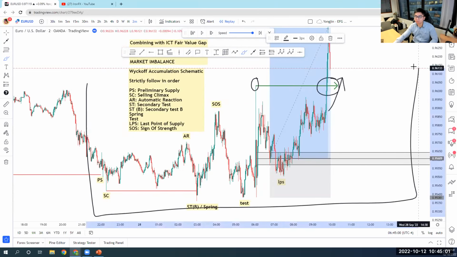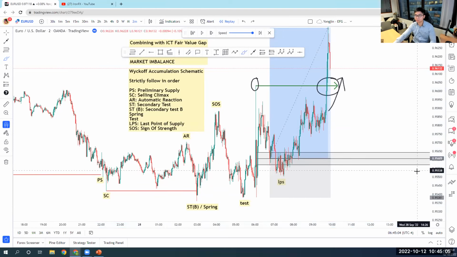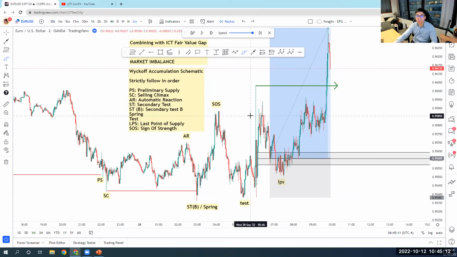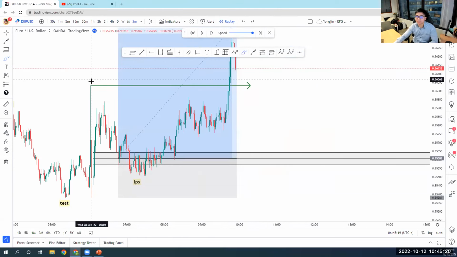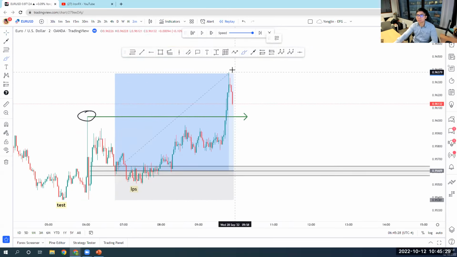So this area might just continue going down. I will not be explaining redistribution and reaccumulation because it's very complicated to digest. You have to get the basics, accumulation and distribution, right first. So I like to partial my trade once it breaks the high, and then I can go and do my thing before price reaches the final take profit.